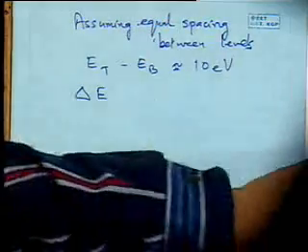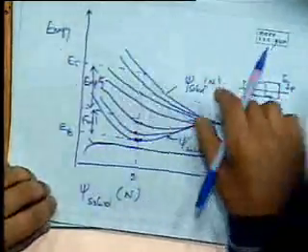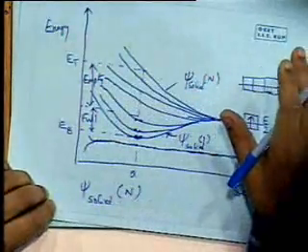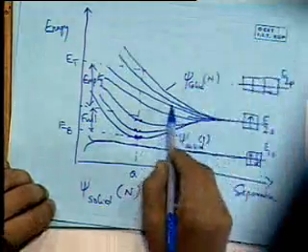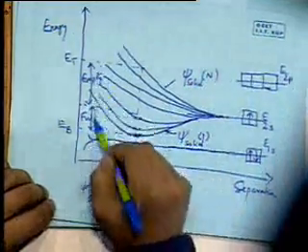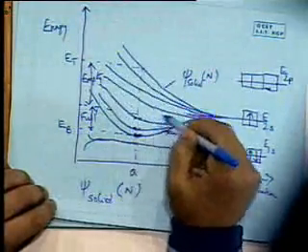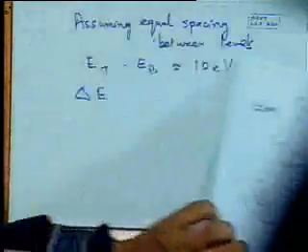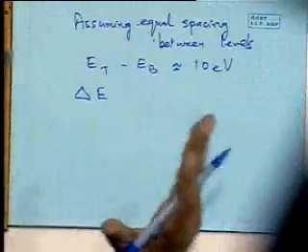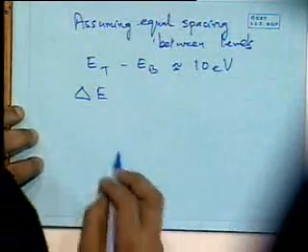Remember, the energy separation between the levels depends on how far apart the atoms are, because there is a different spacing between levels at each separation. The maximum spacing is here, not here. So the question is, at the minimum or equilibrium separation, what is delta E?